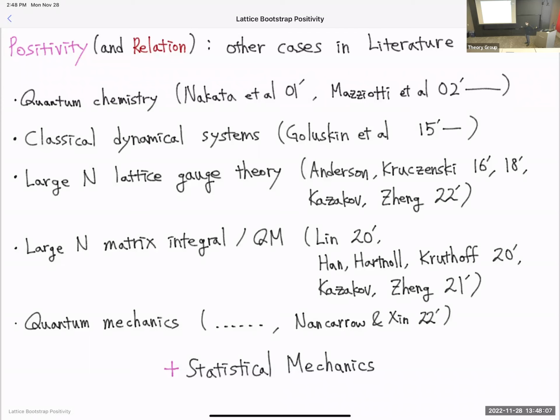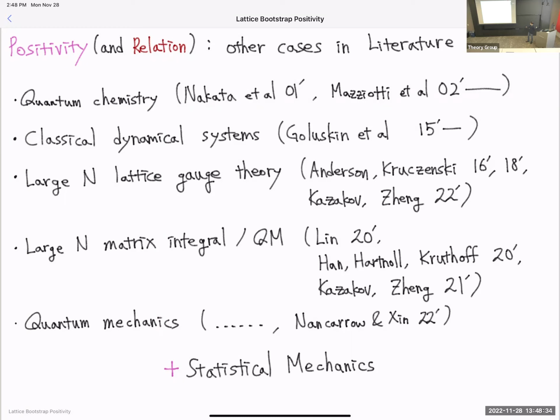There, the objective is to get the ground state energy of some n-electron system, and you can consider the two-electron reduced density matrix and impose a positivity constraint on it. That actually led to highly precise determination of the ground state, even though one gets just lower bounds, but they actually converge to something expected.